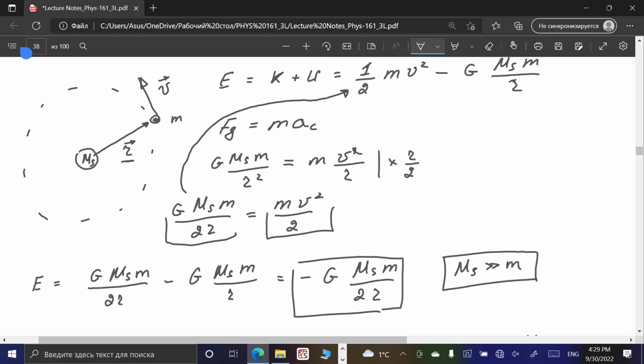That means the kinetic energy of the star's motion with respect to the center of mass of the system will be negligible, so we can focus only on the kinetic energy of the planet. That's why we need to set this condition.